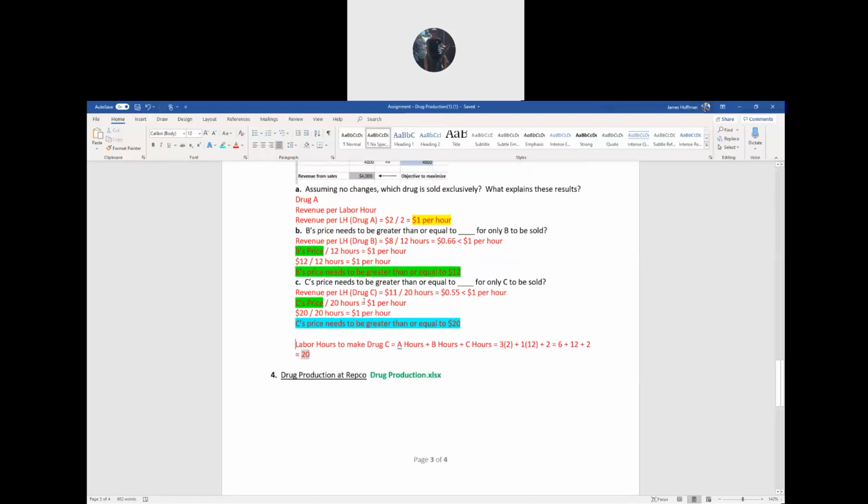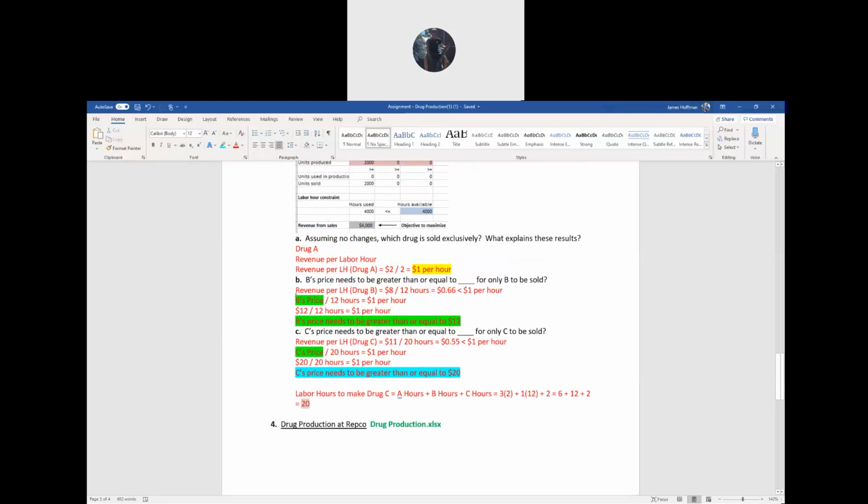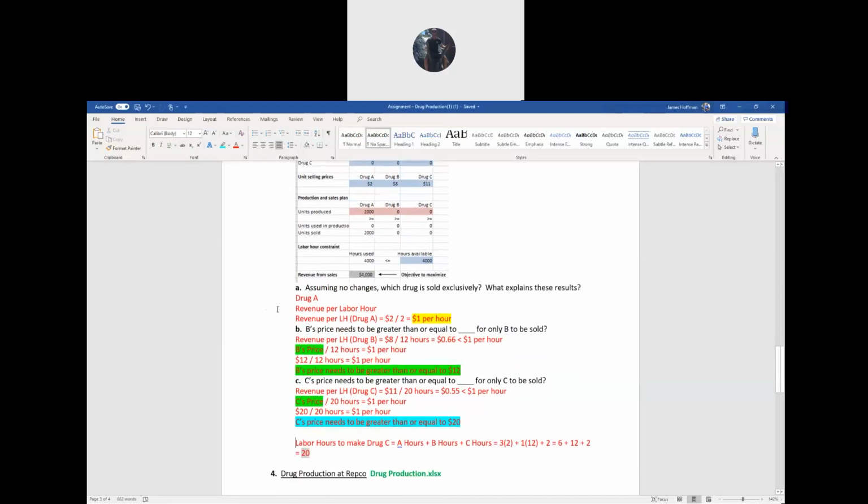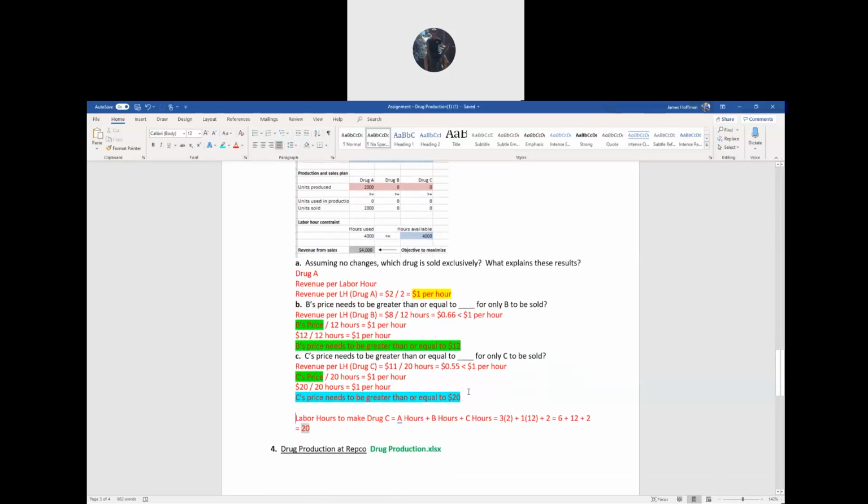Okay, so we've determined for number 3, given the labor hours, which take the most effort to figure out, that if drug A is $2, drug B is $12, and drug C is $20, they're all going to give us $1 per hour, revenue per labor hour. If anything changes, you've got to figure out the change, like we did there. So that's that one.